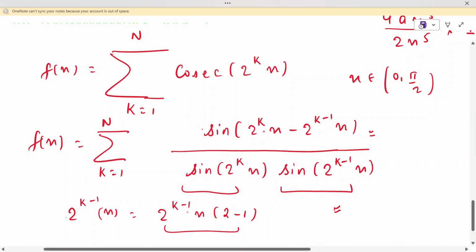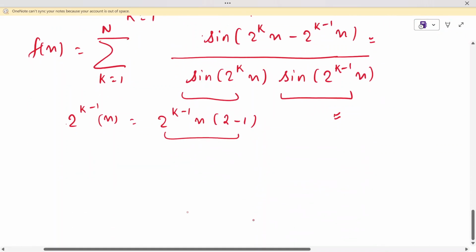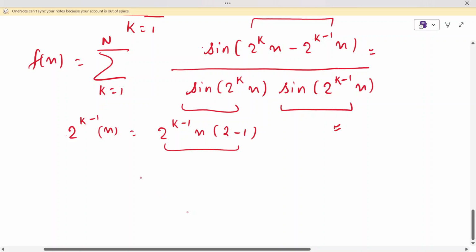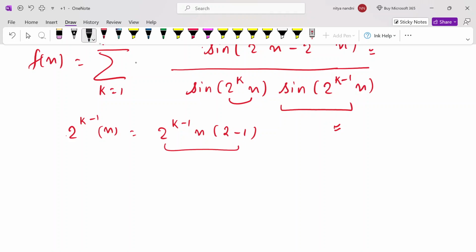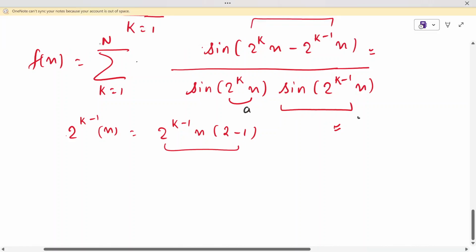And this thing is there. Now there is a difference, isn't it? Now we are ready to proceed. So let's say this is A. Let me just change the color as well. Got it? Like this is telescopic. So this is A, this is B. So sine of A minus B over sine A sine B.